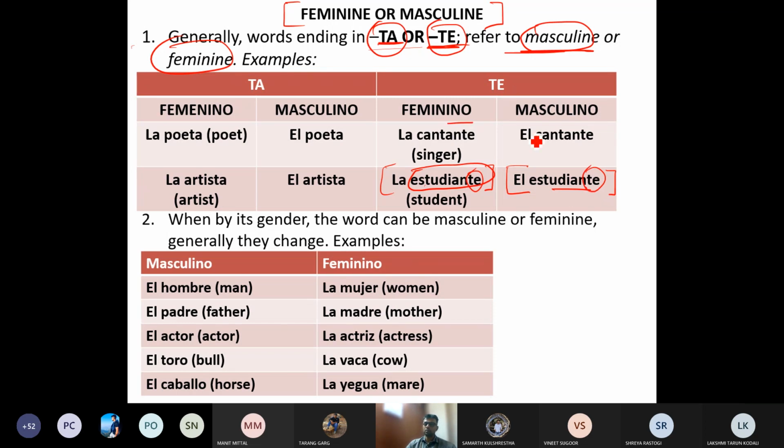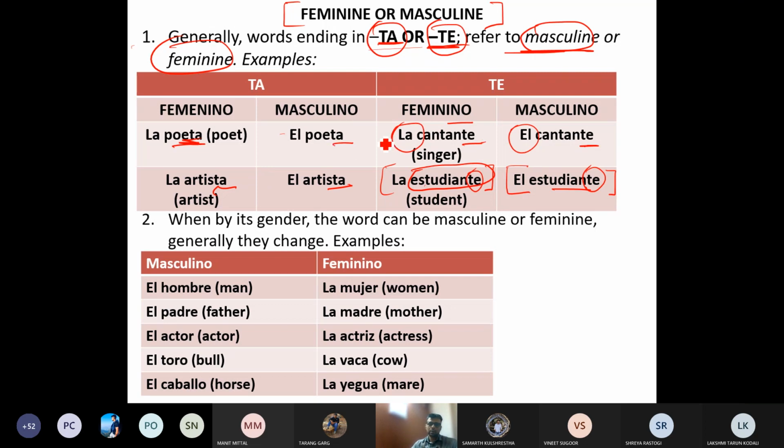Same way, the other examples are given here, cantante. Same noun for both masculine and feminine, but the articles are different for referring to a particular gender. So el cantante is a male singer, la cantante is a female singer. Same way here, poeta, which is el poeta and la poeta. El poeta is for a male poet and la poeta is for a female poet. And the last one, artista, is the same, el artista and la artista, male artist, female artist.